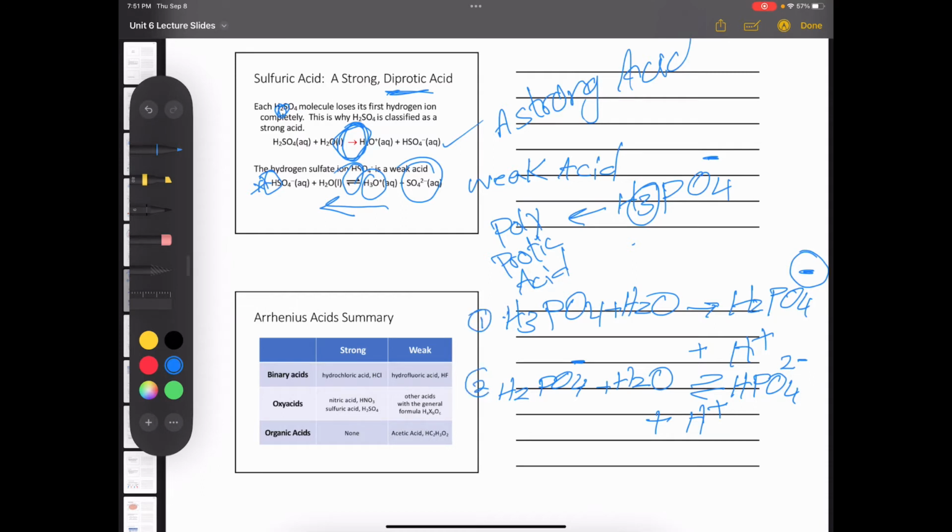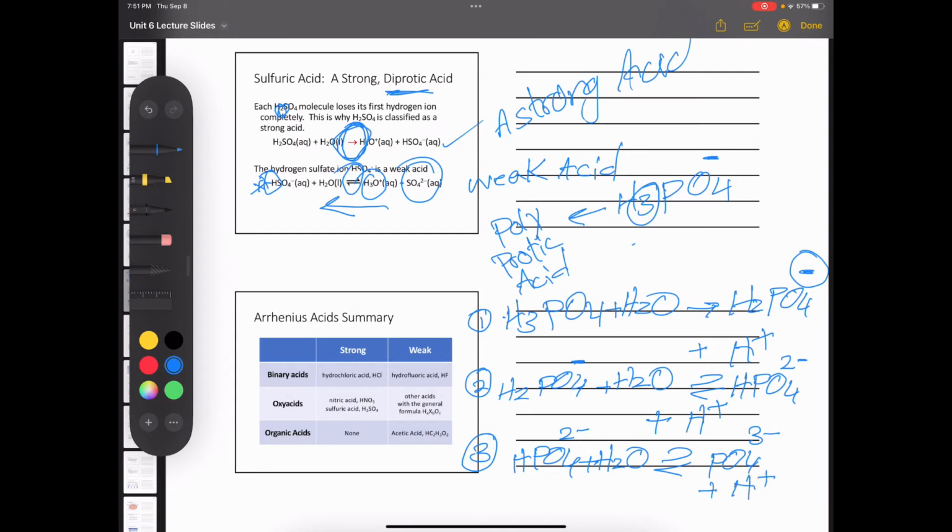This is number 2. Number 3, the last deprotonation reaction, is HPO4 2 negative plus H2O. This one is also a weak deprotonation. This one will give PO4 3 negative plus H positive.